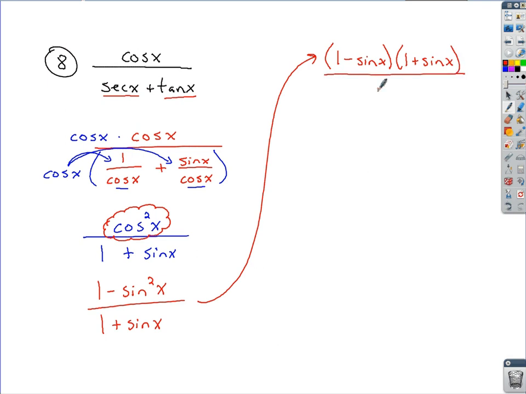In the denominator, we have 1 plus sine of x. At which point, everything is factored. Factored pieces that are the same we can cancel out between numerator and denominator, so 1 plus sine of x, 1 plus sine of x, all that's gone. And you are left with 1 minus sine of x as your answer. Got it?